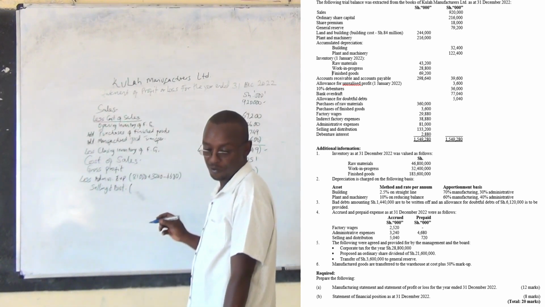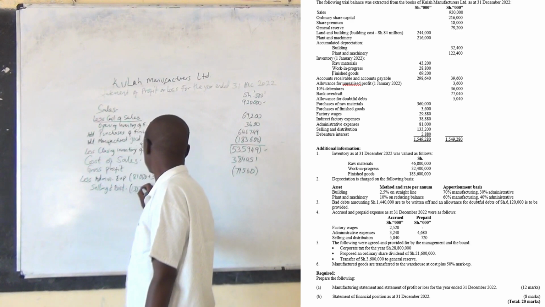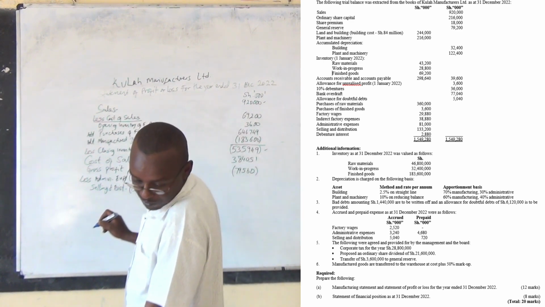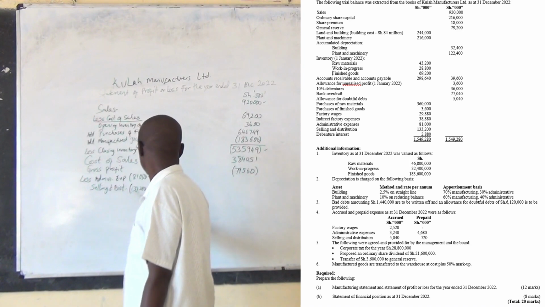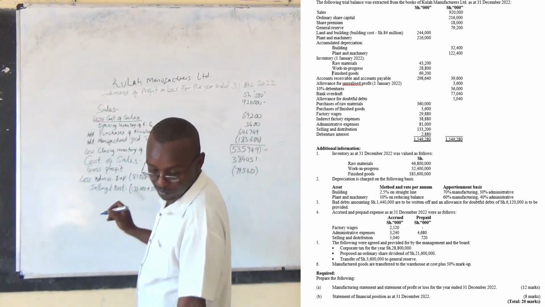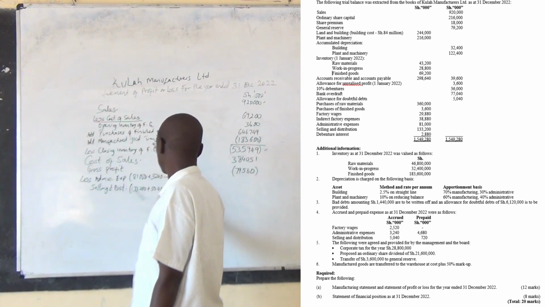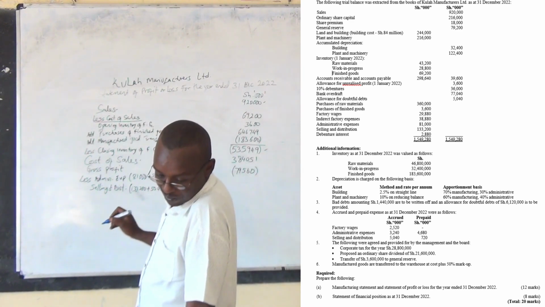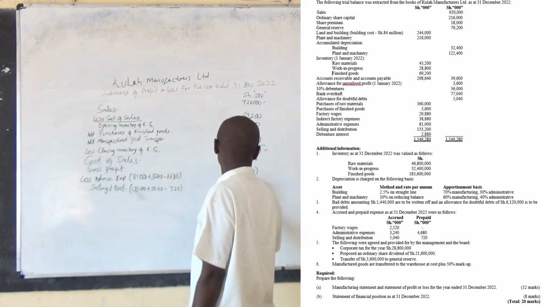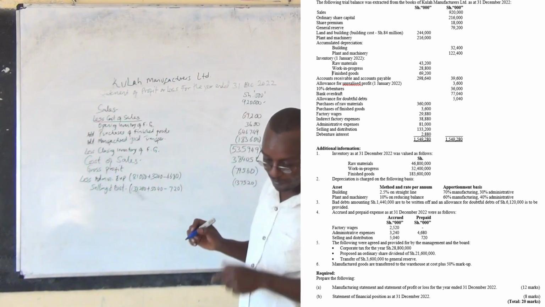We have 133,200 plus accrued 5,040 minus 720. You get what? 137,520.